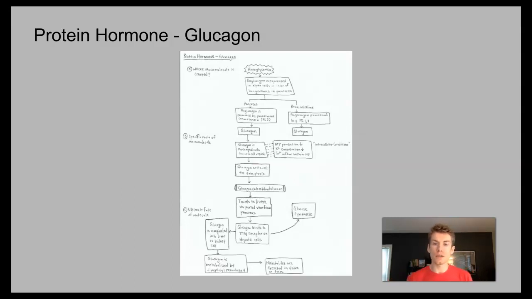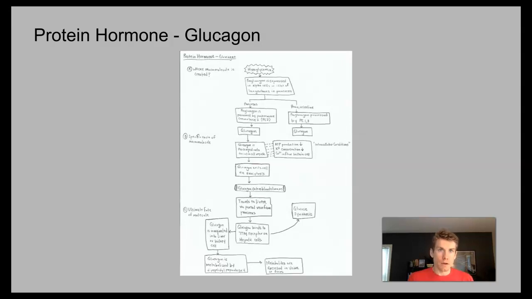This is either PC1, 2, or 3 in my diagram here. Depending on the location of the proglucagon expression, a different PC enzyme will be used. So in the pancreas, proglucagon will be processed by PC2, turning proglucagon into glucagon. But in the intestines or in the brain, proglucagon will be processed by PC1 or 3.